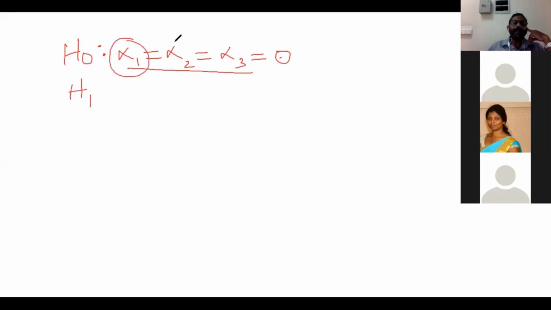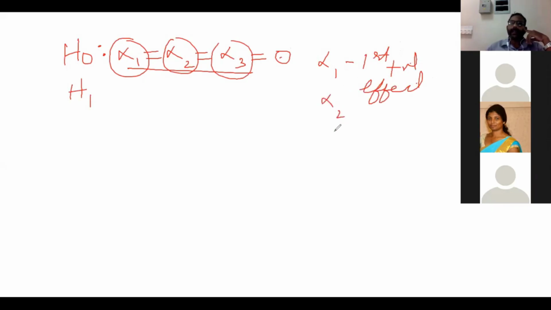Alpha 1 is the first treatment effect, alpha 2 the second treatment effect, and alpha 3 the third treatment effect.